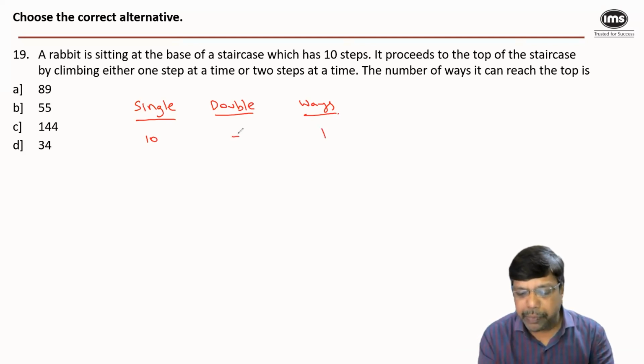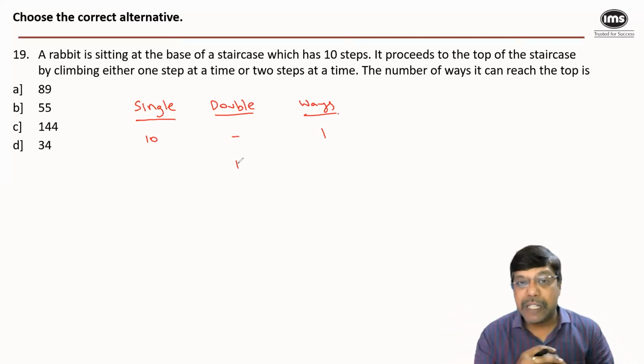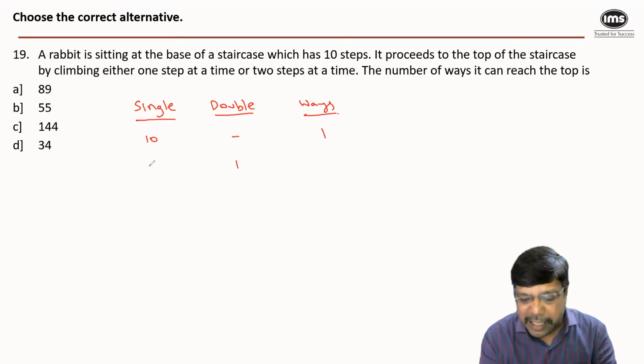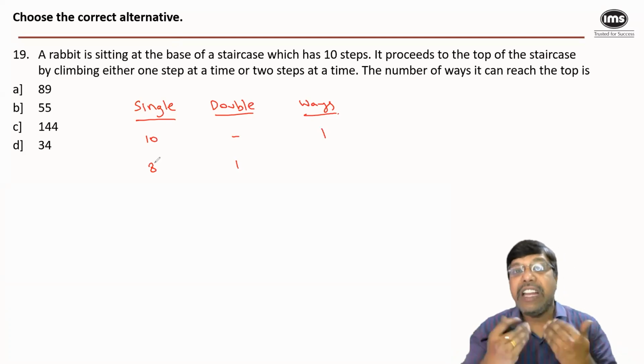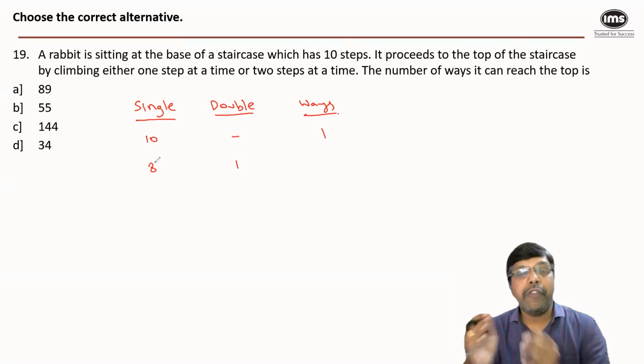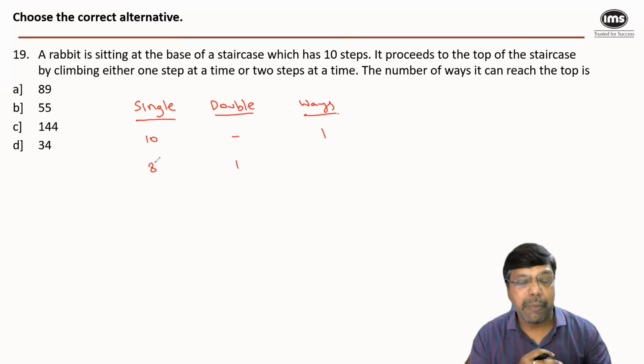Now, suppose I want to take 1 double step, which means I am covering 2 steps here. The remaining 8, I would like to take single steps, which means totally I am moving 9 times, out of which 1 time it's a double step, 8 times it's a single step.